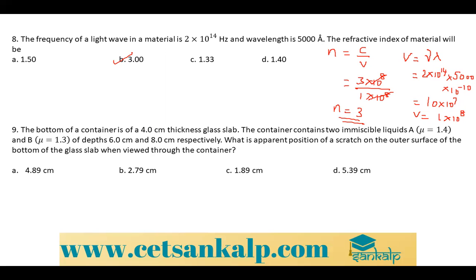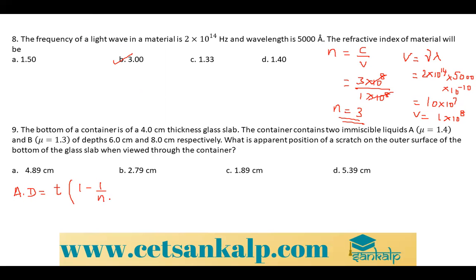The apparent position of the smudge on the outer surface is obtained by taking into account refraction at 3 media. So the apparent depth is equal to, you have the formula T into 1 minus 1 by n.